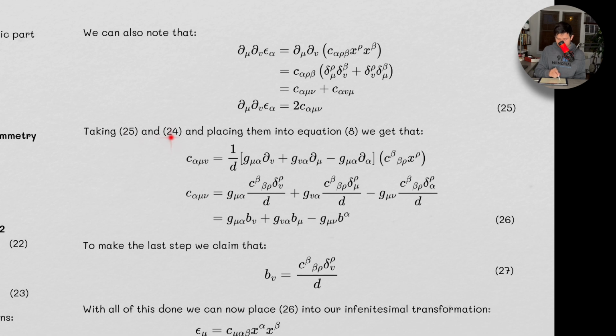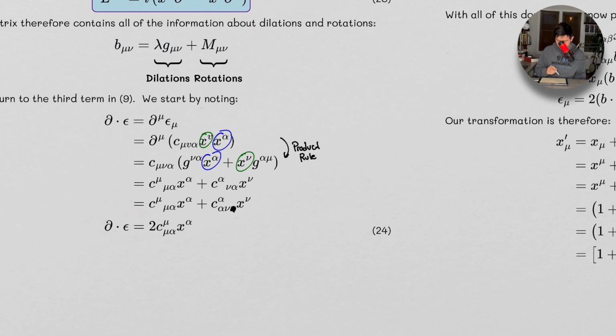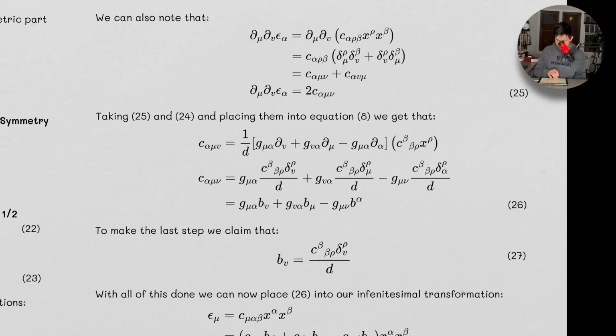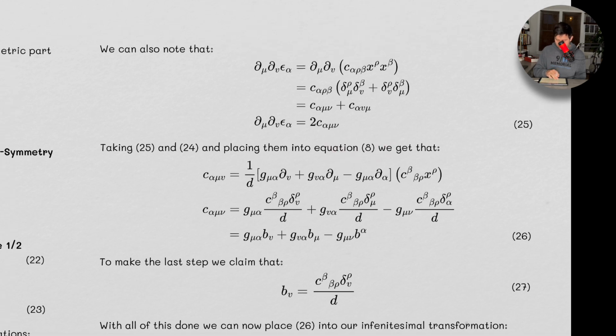And so if we take 25 and 24, 24 being this guy here, we have this guy here. Again, my apologies for the dog. And we put it back into equation 8, right?